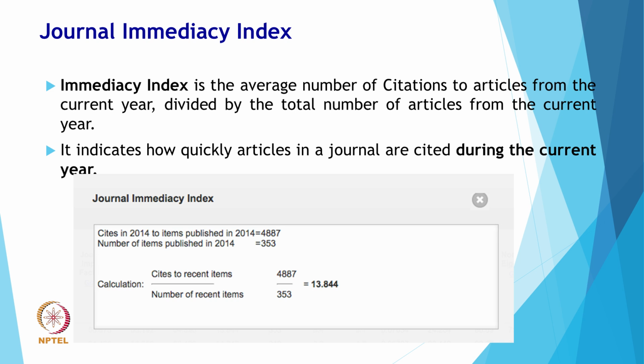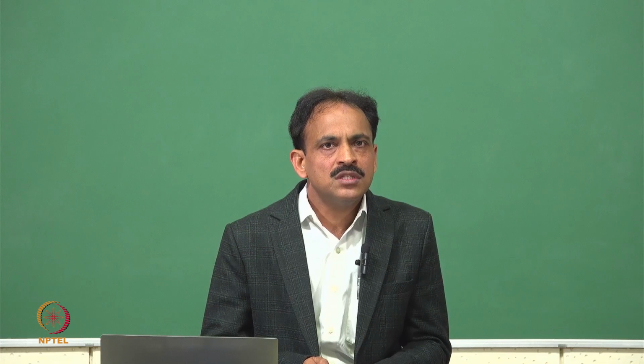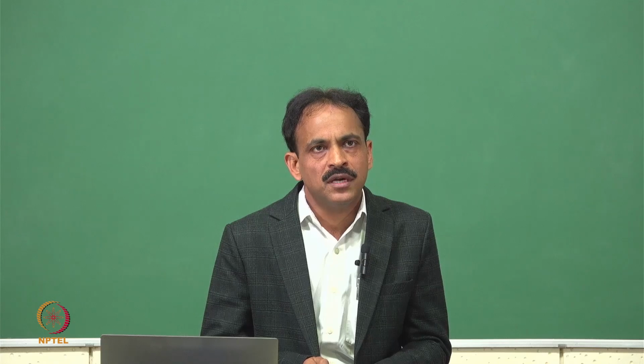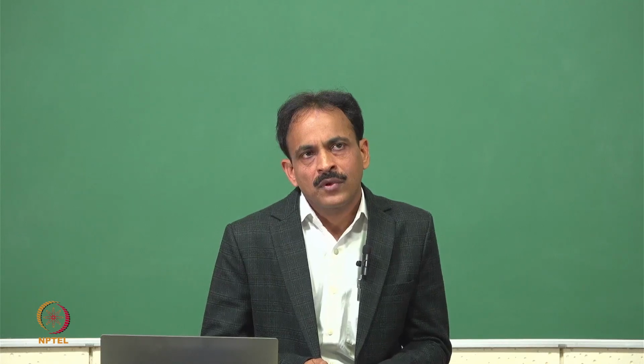If you want to calculate the journal immediacy index for 2023, what you have to do is take the cites in 2023 to the items published in 2023 and divide by the total number of items published in 2023. So this is how the journal immediacy index can be calculated.